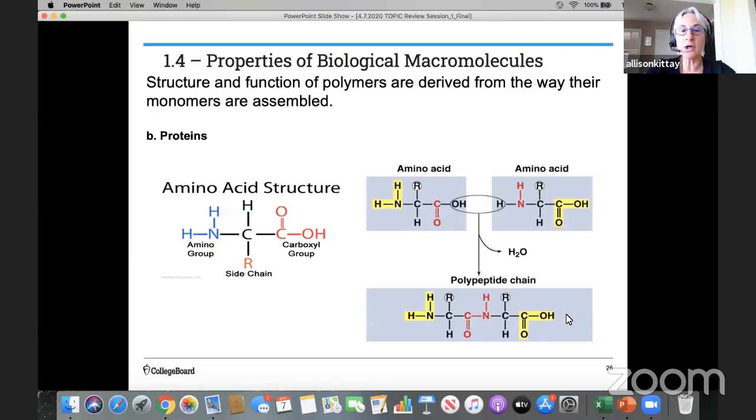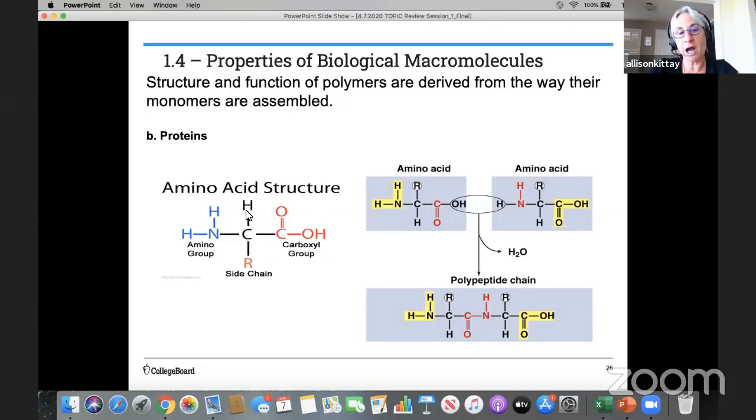Now let's take a look at how monomers of amino acids are put together to build a protein. This is the generalized structure of an amino acid. You can see that it starts with a central carbon, and remember that carbon has 4 covalent bonds available. And it's got an amino group or terminus, NH2, and it's got a carboxyl group or terminus.